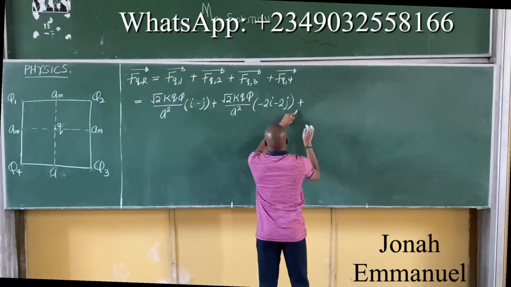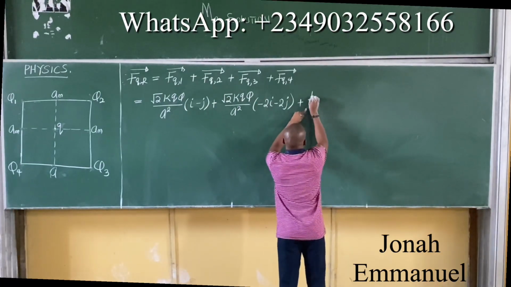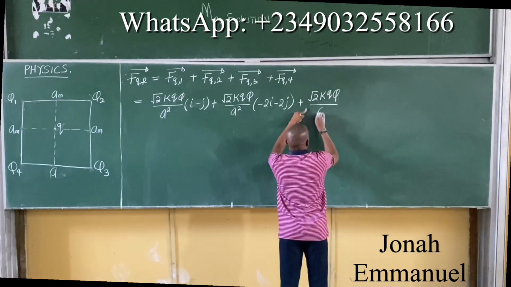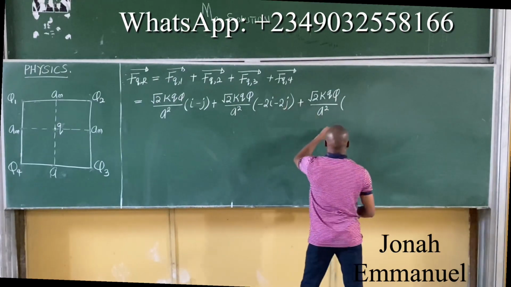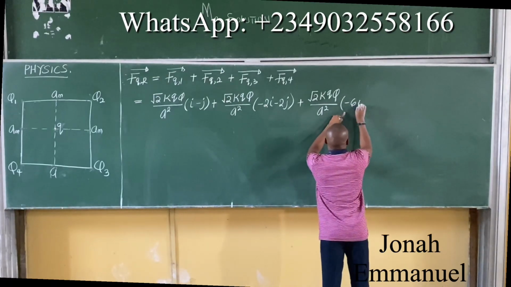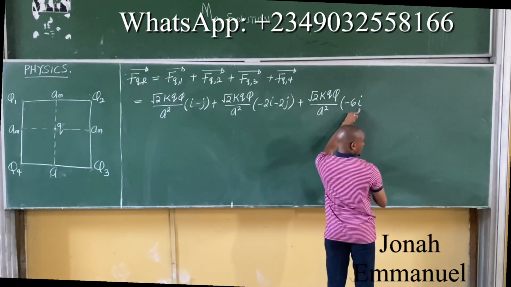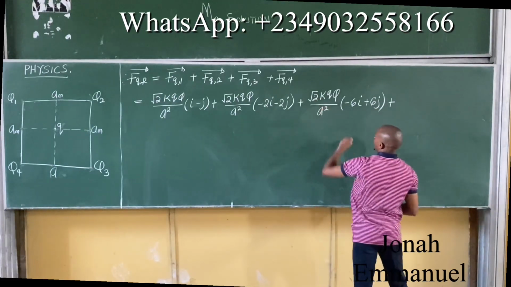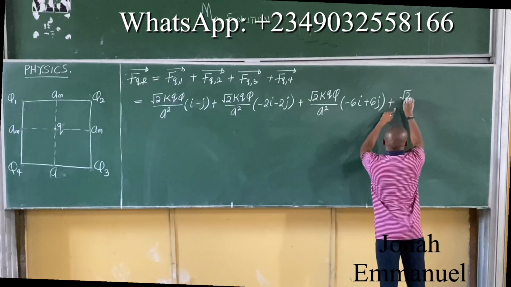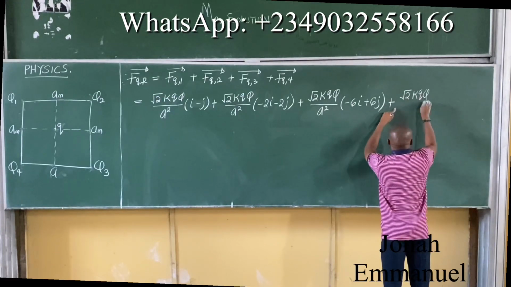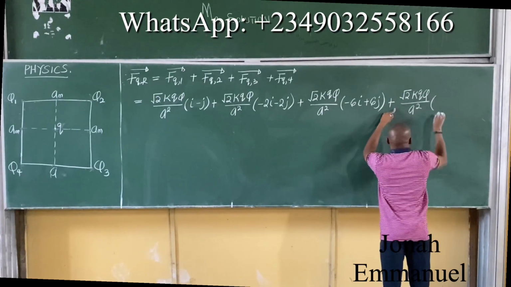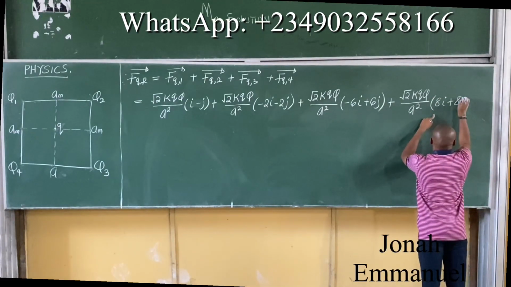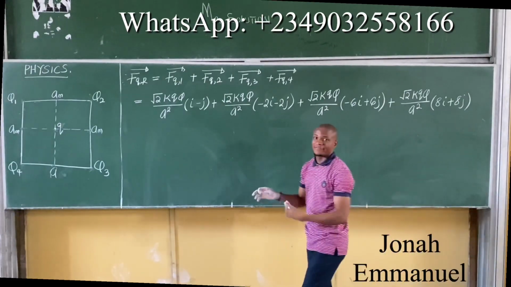Give me FQ3: root 2 KQQ all over A squared into what do you have? Minus 6i plus 6j. Plus one final one, FQ4: root 2 KQQ all over A squared into 8i plus 8j.